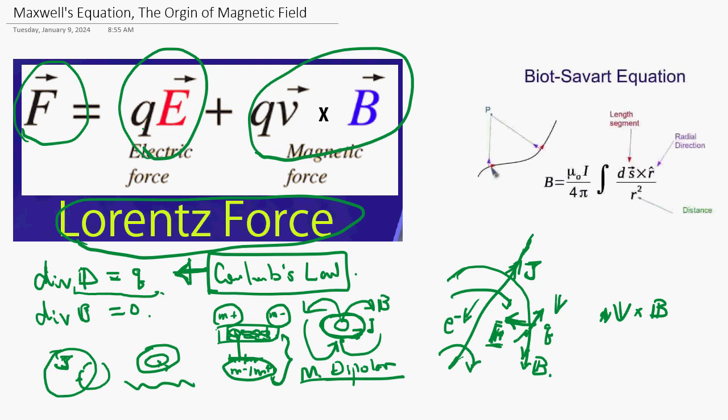At that time we didn't know Einstein's special relativity theory, and if we use special relativity theory, you don't need the magnetic field to explain this Lorentz force.